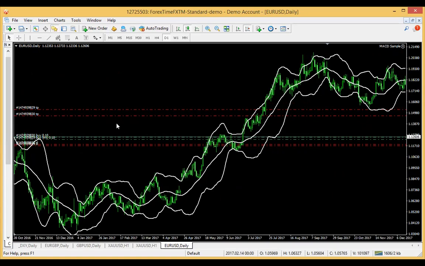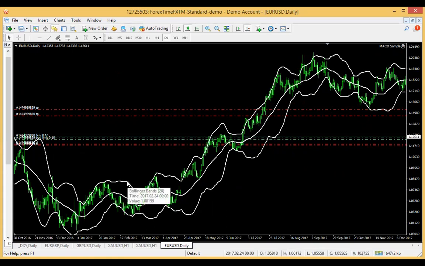Now this is how Bollinger Band works. This upper band can work as support, or it can work as resistance. This mini resistance moving average is the upper band.